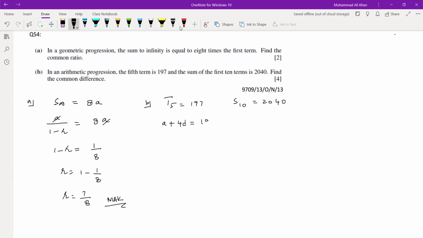Clear? 197. S10, n by 2, 2A plus (n minus 1) common difference D, equals to 2040. Now, here it is, 2 5s are 10. 2040 divided by 5.